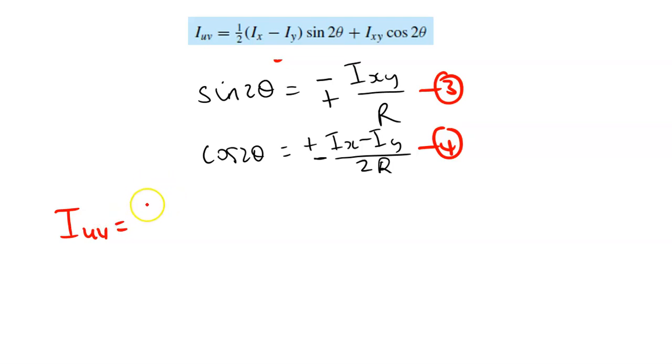It's going to be equal to a half, and I'm going to drop in sine 2 theta.